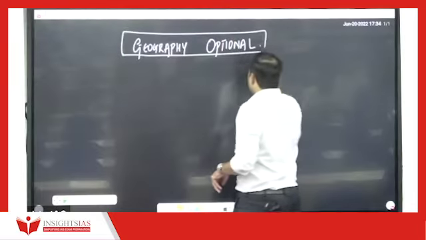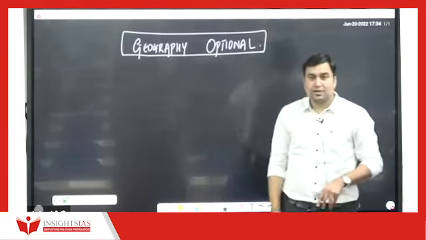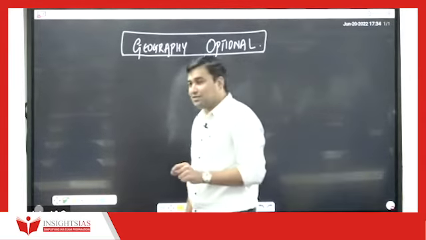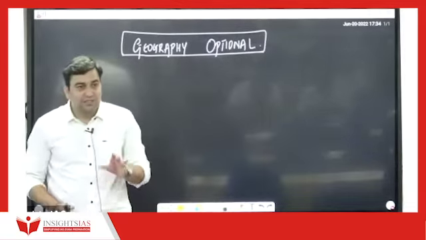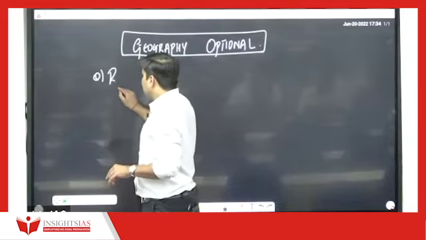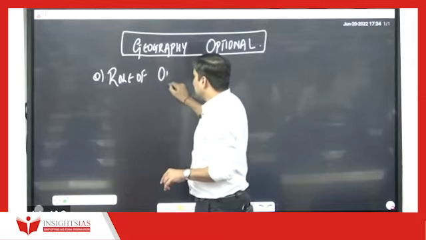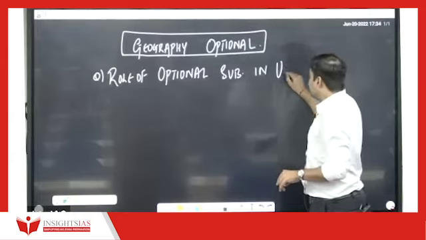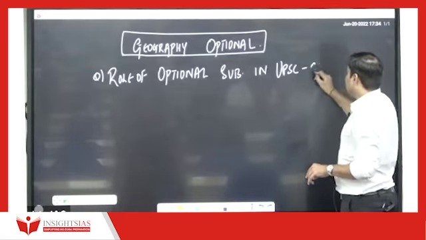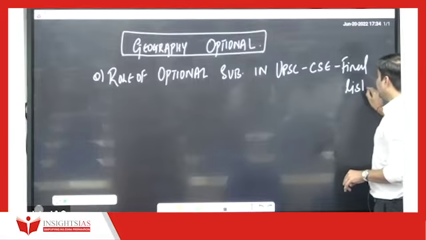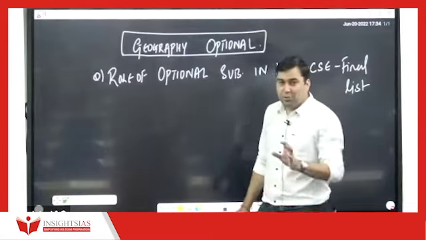Before delving into geography optional and its various facets, let us first understand the most important question: what is the role of any optional subject in the UPSC civil service examination, in the final merit list selection?